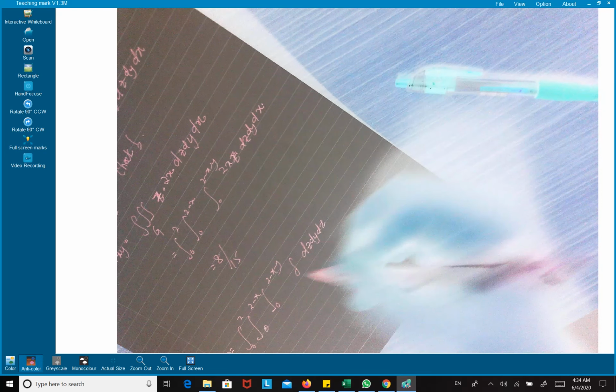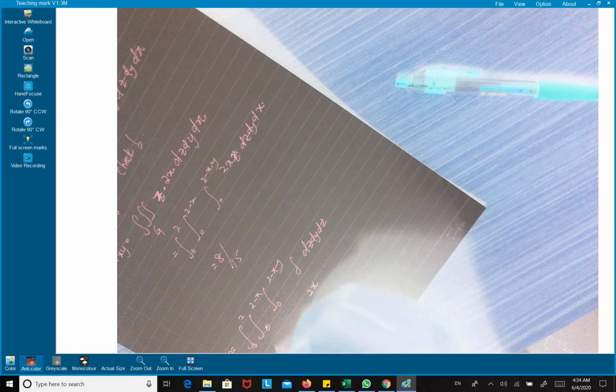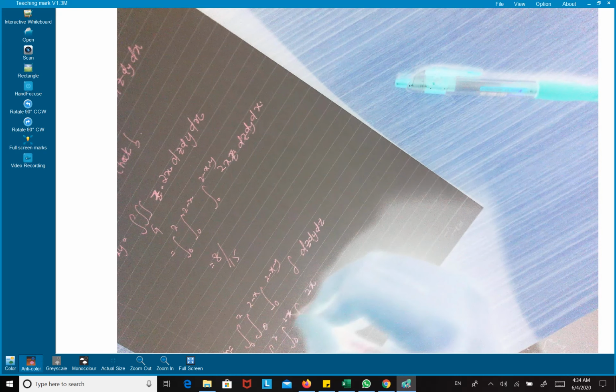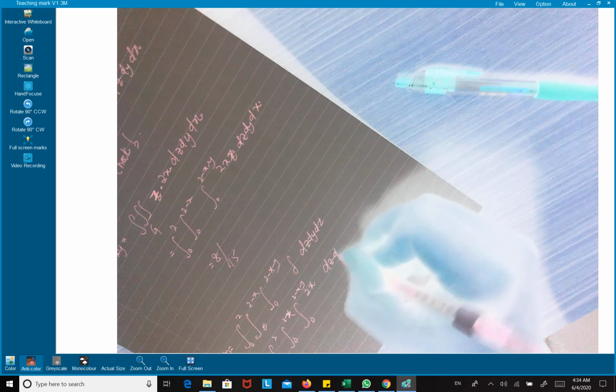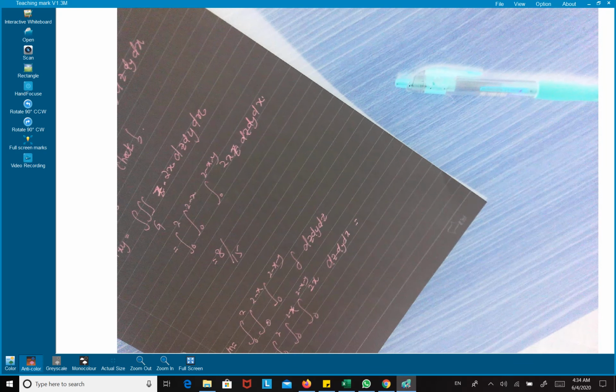Your density is 2x. So if you integrate this, you will get 4 over 3.